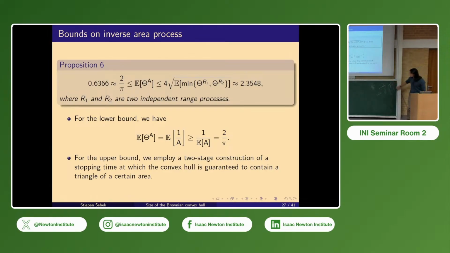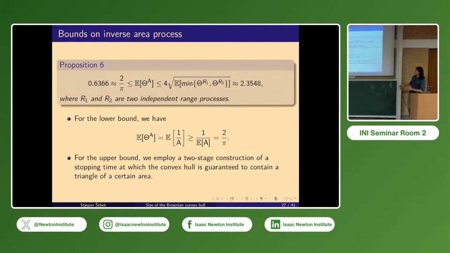And at that point, we knew that we have this triangle inside of our hull. We know the length of this side of the triangle, and we also know the height of this triangle.